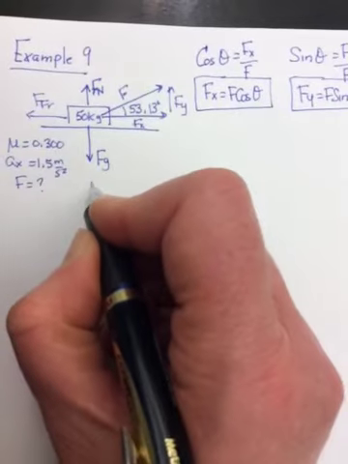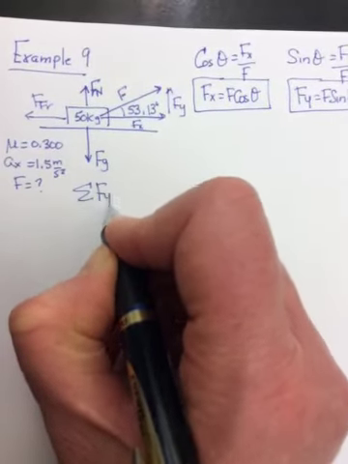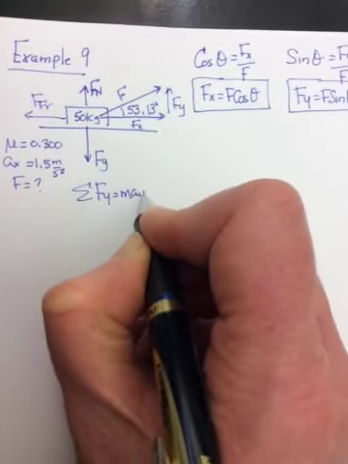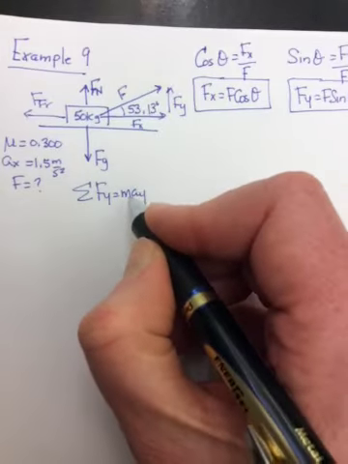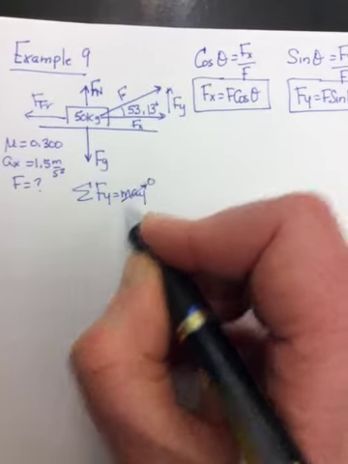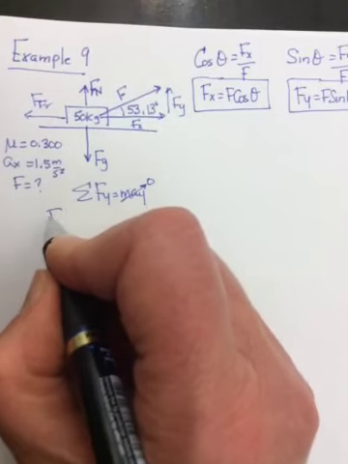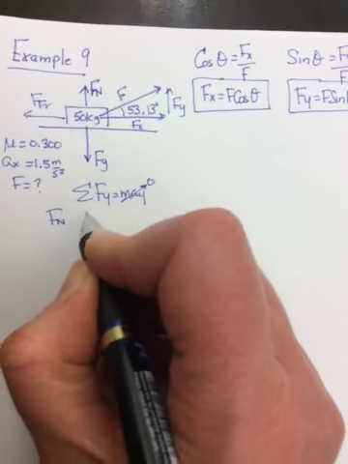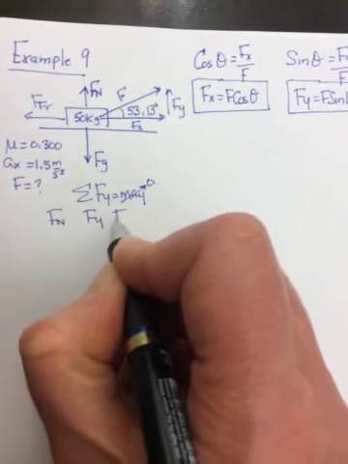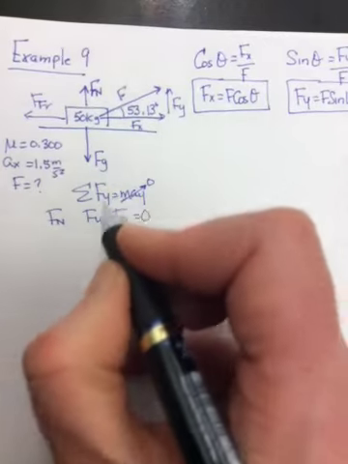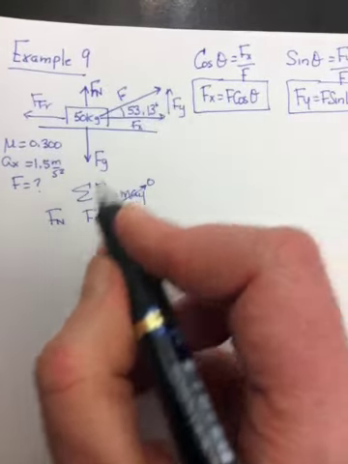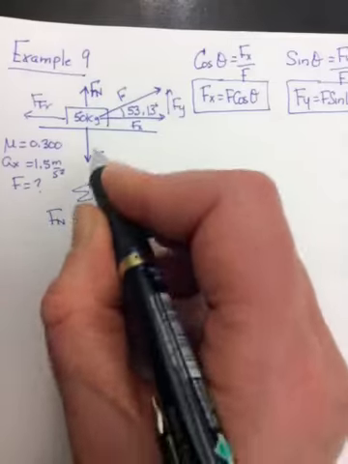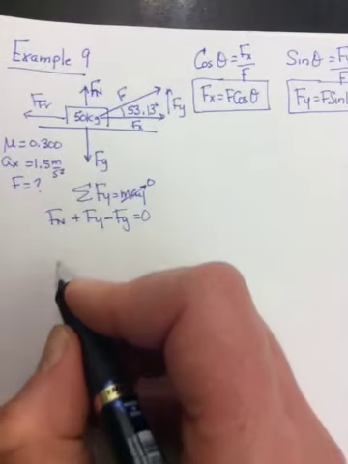Now we'll go to sum of the forces in the y direction. This toboggan that you're pulling is not moving in the y direction, so Ay is still 0. So acting in the y direction is Fn, Fy, and Fg. Assuming we're calling up positive, then Fn is up and Fy is up, so they're both positive. Fg is down, it's negative.